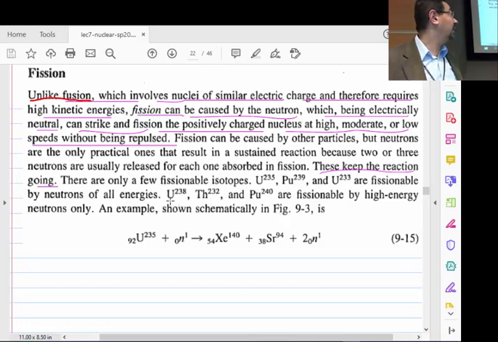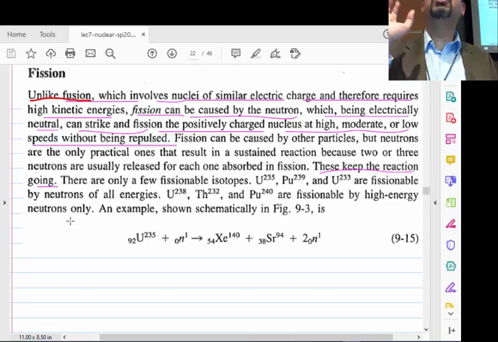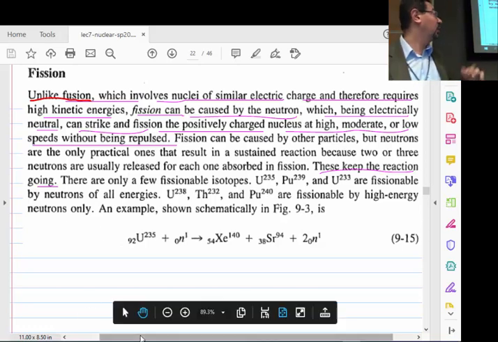But 238, the dominant uranium in nature, and thorium and plutonium 240, are fissionable too, but only by high energy neutrons. So they require a special reactor called a fast reactor. The Russians and Chinese are building those, and the USA also has research quality facilities like this, where you can shoot 238 and end up generating energy out of it.